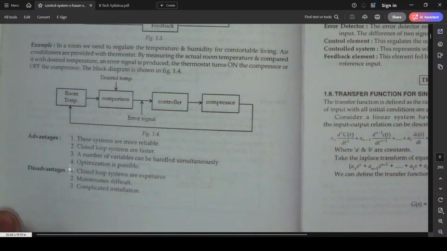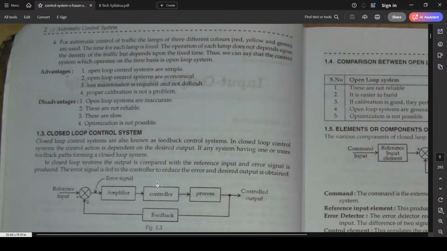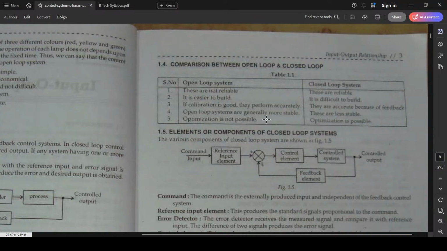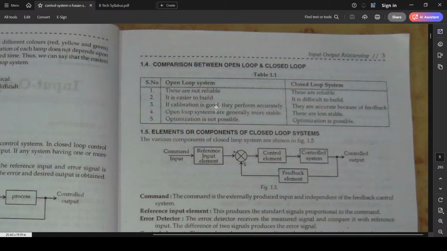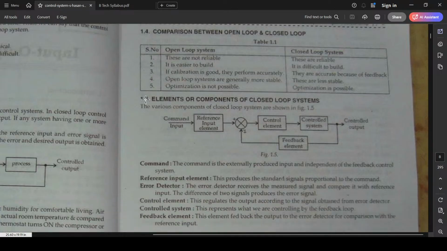Maintenance is difficult and installation is complicated. Now the comparison, the same advantages and disadvantages: not reliable versus reliable, simple versus complex, calibration, accurate, stable, less stable, optimization is needed.